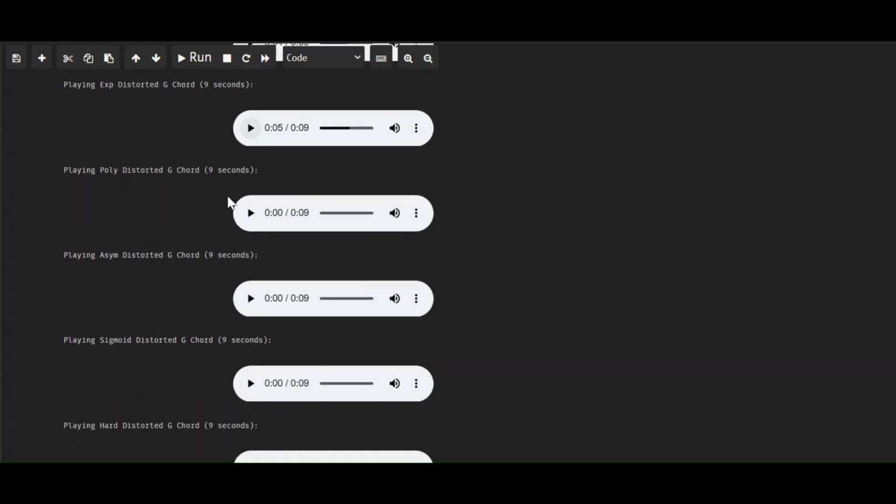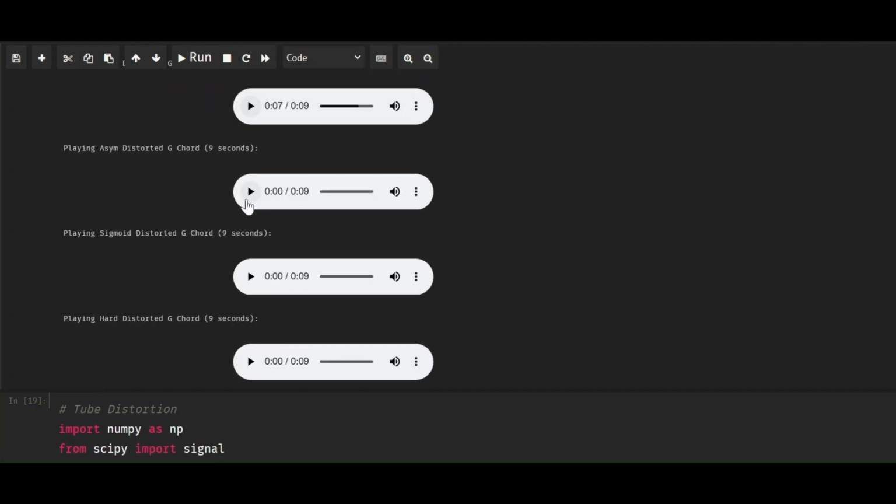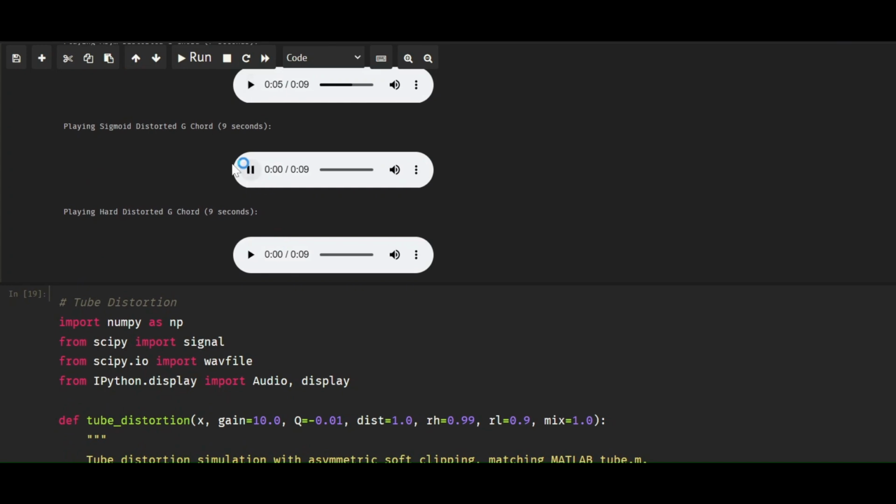The polynomial distortion, fifth order polynomial. This is going to be aggressive. Asymmetrical clipping. Sigmoid distortion. And lastly, the hard clipped, both positive and negative.